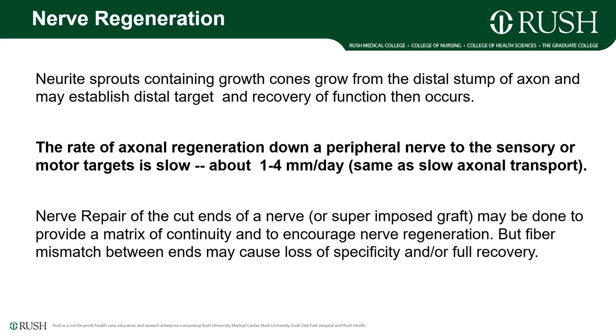Nerve grafting is a common procedure for large injuries. However, you are relying on individual axons making perfect connections from the cell bodies to the target organs. If there is a mismatch between the ends, then you may lose specificity and/or full recovery of that target organ.